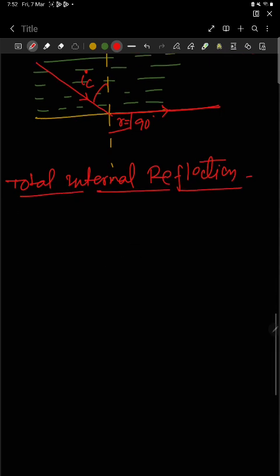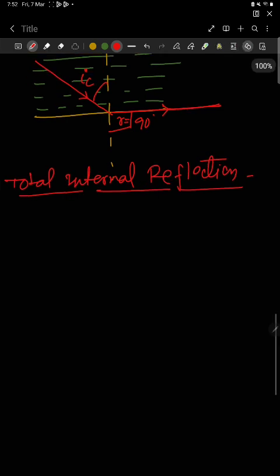Total internal reflection. So what is total internal reflection?